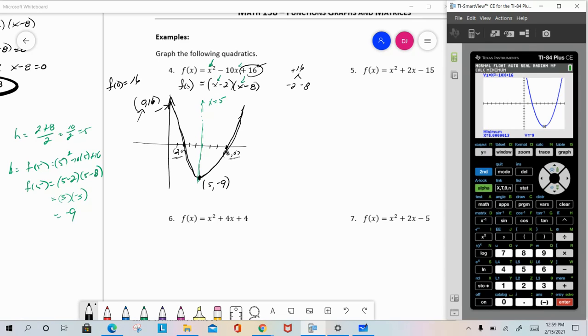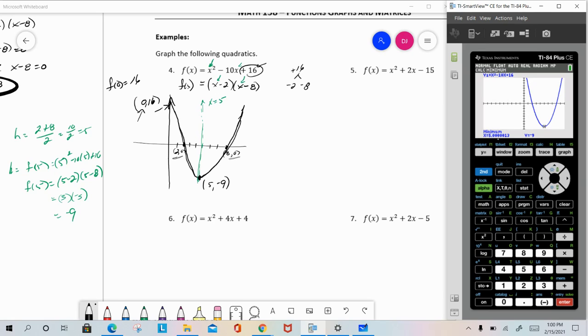Now, one of the things you've got to understand about the calculator is that there's a process that it uses. In our algebra, quite honestly, is better than the process the calculator uses. Just because of the estimating processes the calculator is using, it doesn't always get it exactly right. This x value is not 5.00000013.